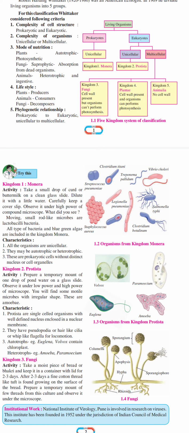Then they gave kingdom Monera. If you want to see Monera, you can do a simple activity. In this activity you have to take a drop of curd into a clean glass. Just take a small drop of the curd, put it on the slide and observe it under the microscope. You will come to know the small bacteria that you are looking at in figure 1.2.